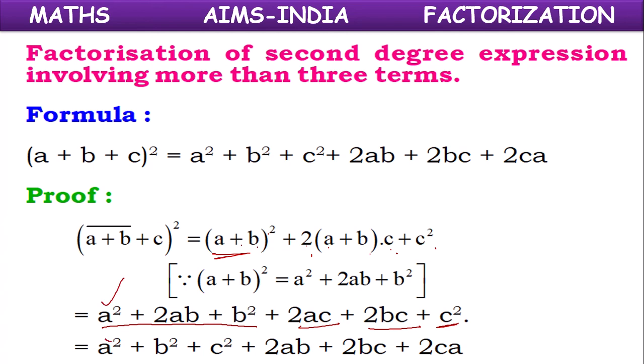So a square we are writing here, next b square, c square we will write here, next we have 2ab, 2bc, 2ca. So this is the formula for this one. It is proved. Now by using this formula we can factorize.